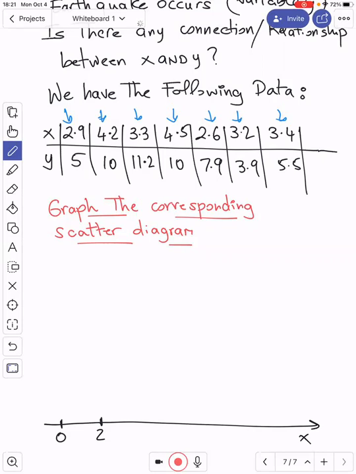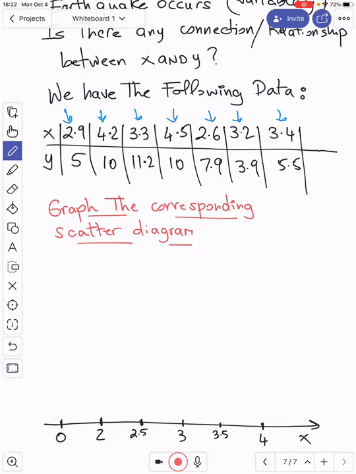So let's say this is 2, here it's 3, and this one here is 4. This is 2.5 right here, and this is 3.5. 2.5 is just the middle of 2 and 3. Anyway, that's for my x-axis.